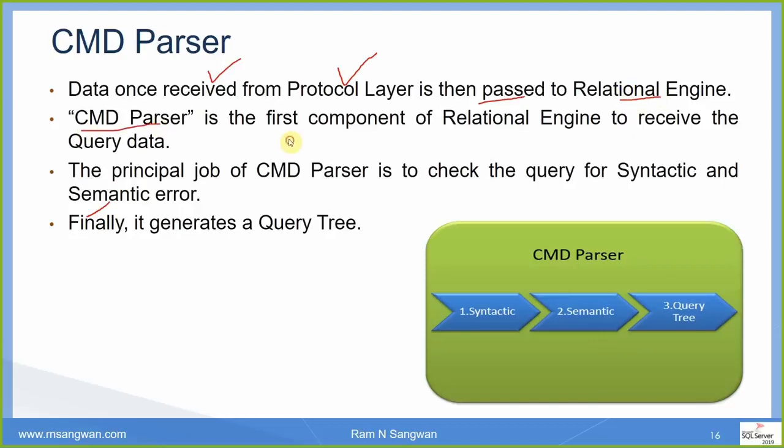The CMD parser is the first component of the relational engine to receive this data from the protocol layer. The main job here is to check the query for syntactic and semantic errors. Finally, it generates a query tree. So syntactic and semantic checks, and then the query tree will be generated. That's the job of the CMD parser.